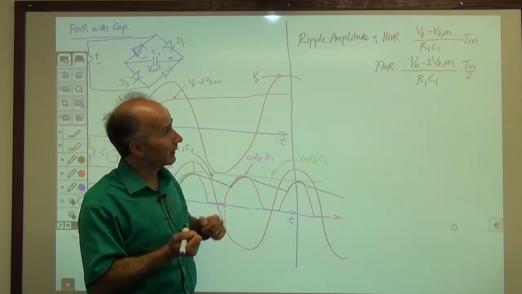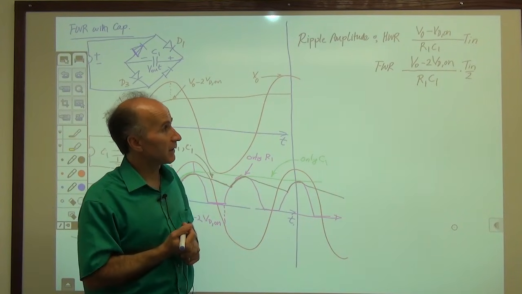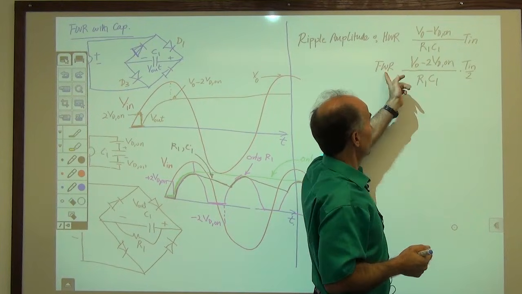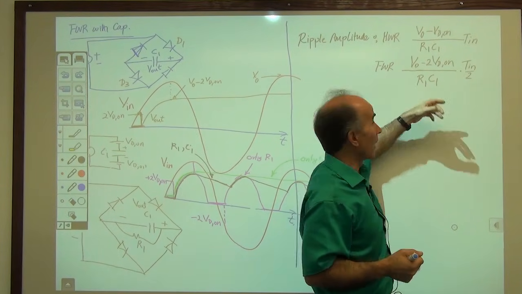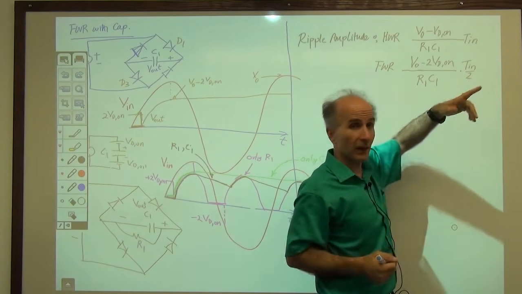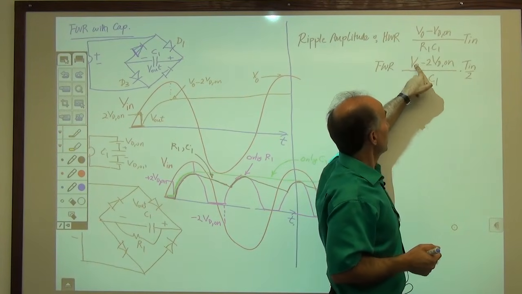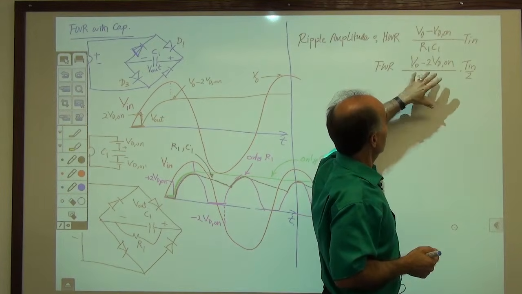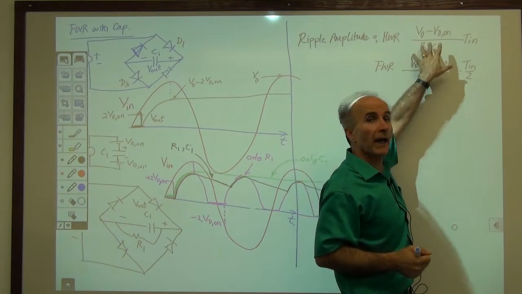Okay, so if we compare, we see that there's a factor of 2 in the denominator of the ripple for the full-wave rectifier. Now, typically, in most designs, V0 is much greater than this or much greater than that. So we say that this is approximately 1/2 of this.